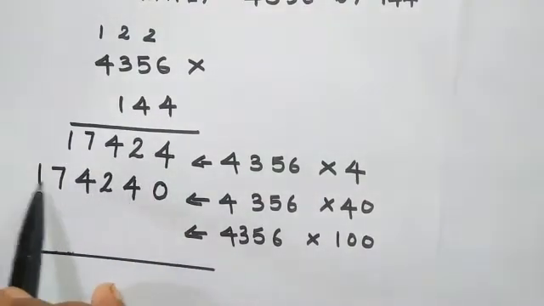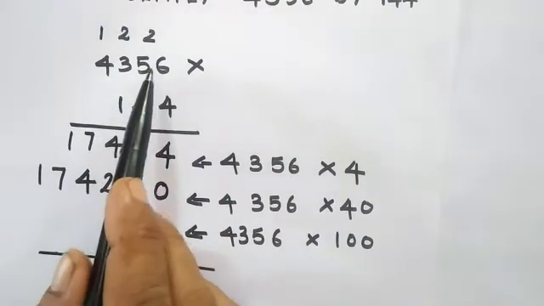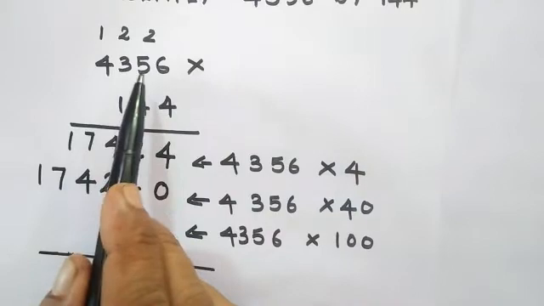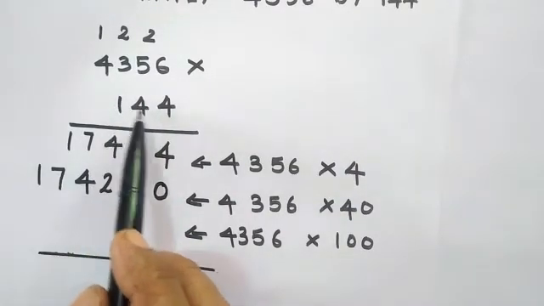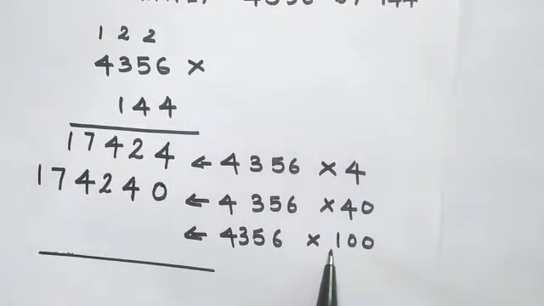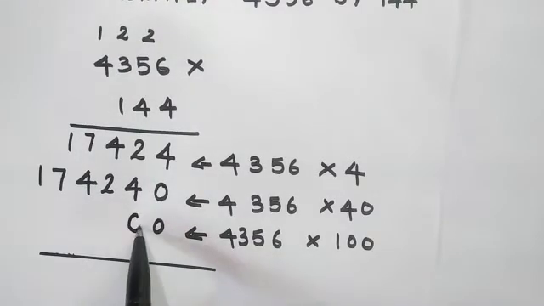Okay. Then ones place over, tens place multiplication over, the next place is 100. The digit is 1. So we will multiply this number with this 1. Actually we multiply with 100. So at first we will put 0 in the ones place and tens place.